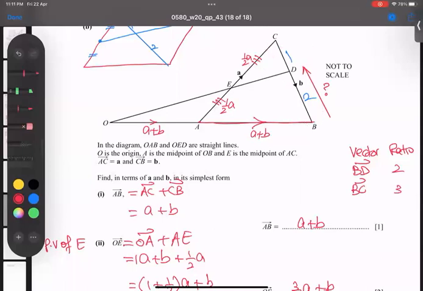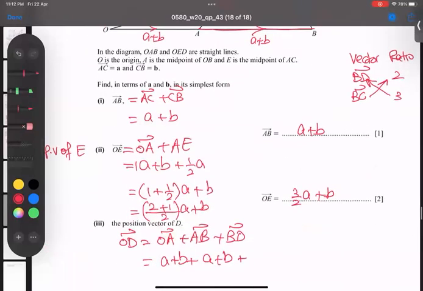Cross multiply. So 3 times BD equals 2 times BC, which I'm writing here under it because of the space issue. So the BD vector is equal to 2 by 3 times the BC vector. Sorry, not BD, BC vector.